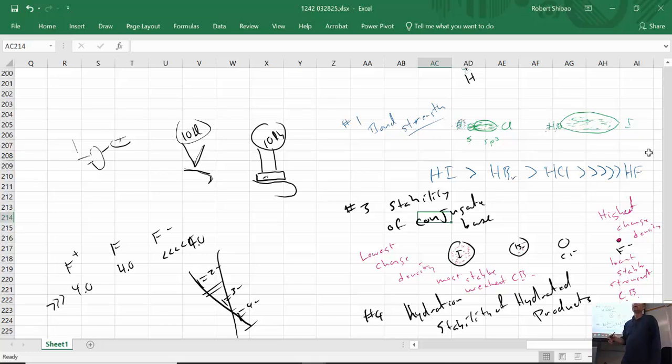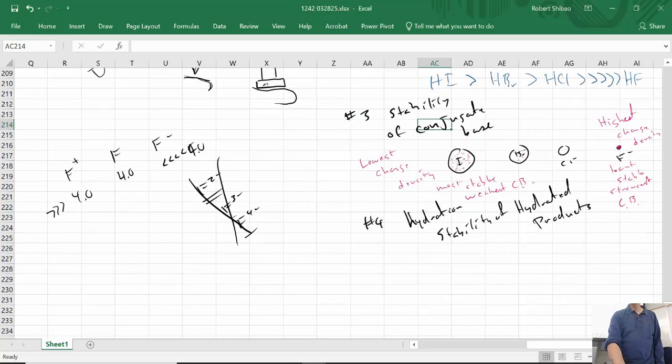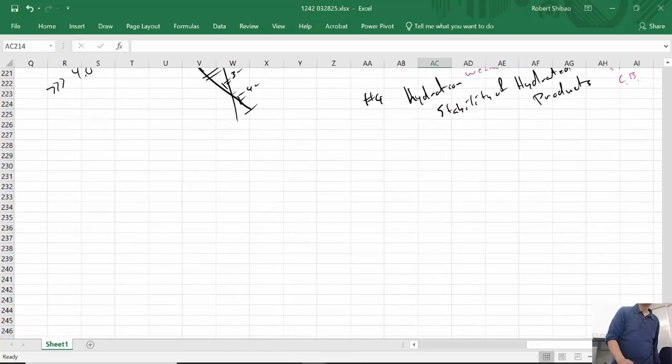More stable. And so normally when I think of these, I don't think in terms of electronegativity. When I think about bond polarity, I think of electronegativity here.